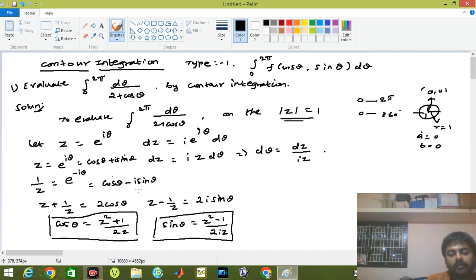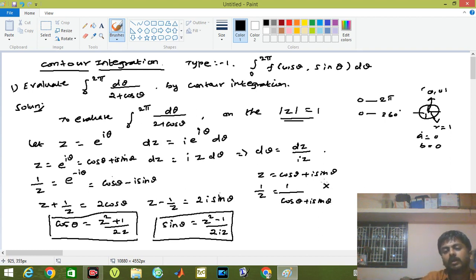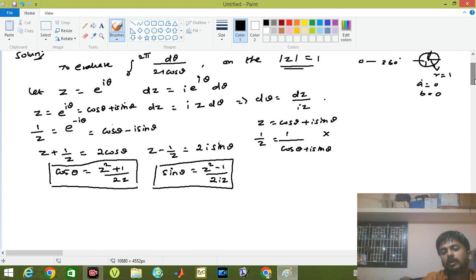Another way of getting the value, I shall show it here. z equal to cos theta plus i sin theta, then 1 by z equals 1 divided by cos theta plus i sin theta, multiplied by cos theta minus i sin theta divided by cos theta minus i sin theta.